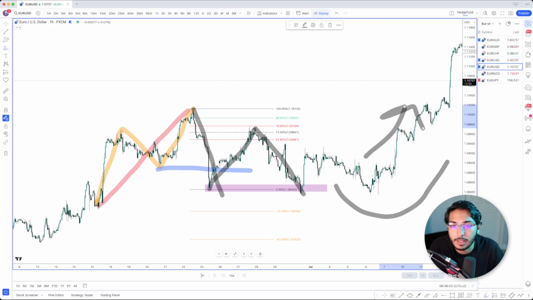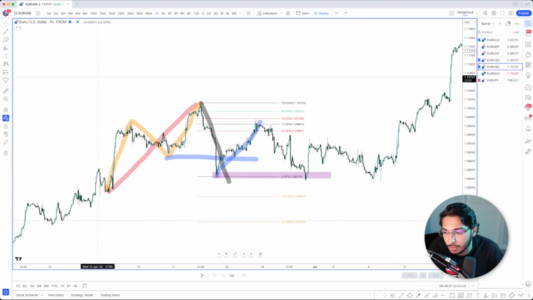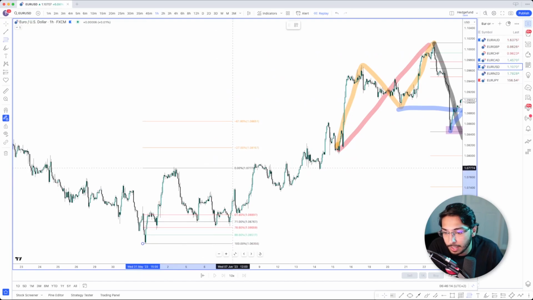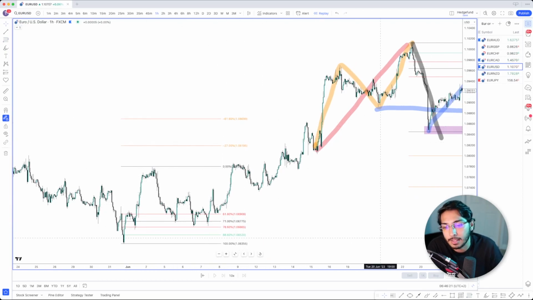What I want you guys to understand is regardless of any of that, the fib is just a good tool to understand that when you're in a trending market, if you take the fib from the high to the low of any specific market, it's going to give you an area of where price could potentially pull back to, and you could look to take it in that direction, right?